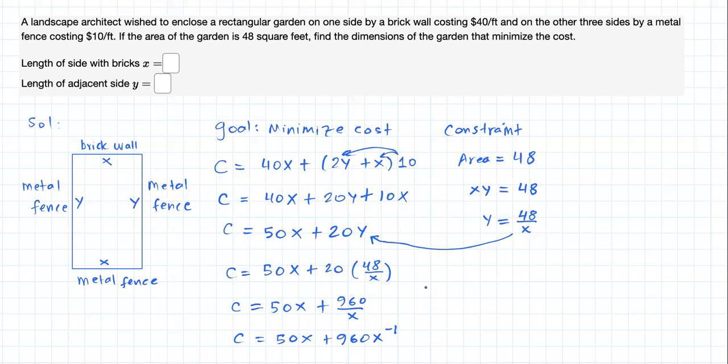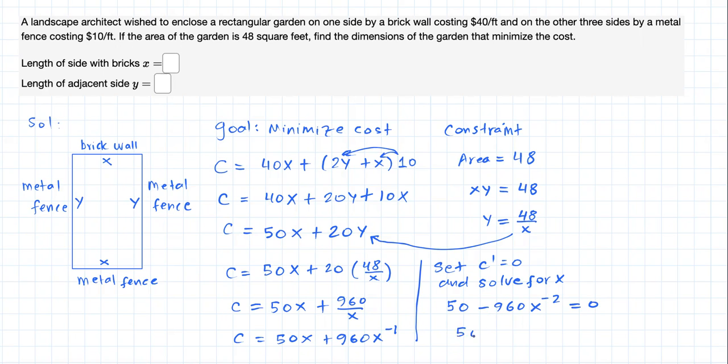So we set C prime equal to 0 and solve for X. The derivative of this function will be 50 minus 960 times X raised to minus 2, and that should be equal to 0.